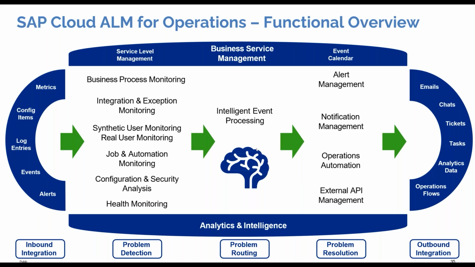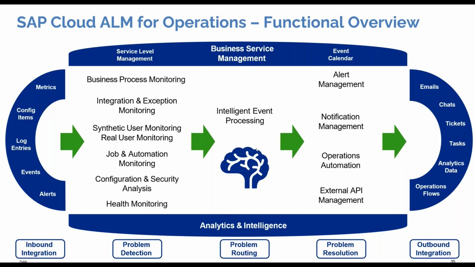If you want to detect any type of issues from different, let's say, stations of monitoring, you could position those stations and then get an idea, for example, if there are different locations that are having any type of network latency and so on. Cloud ALM could run those scripts for you, and you could detect them before a user does.